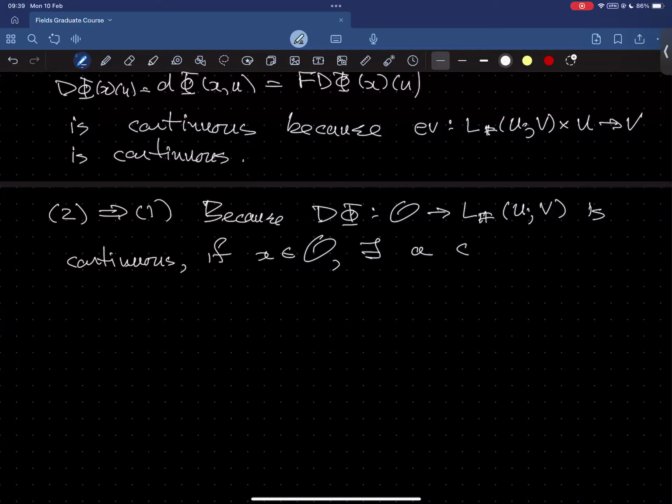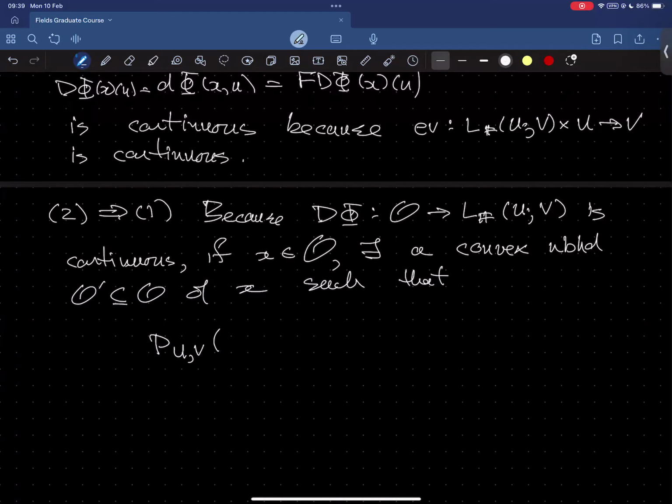Because this is a normed space, convex neighborhoods mean balls in the norm, but I'll just write convex neighborhood. I'll write it as O prime of x such that the operator norm of d phi of y minus d phi of x is less than epsilon.